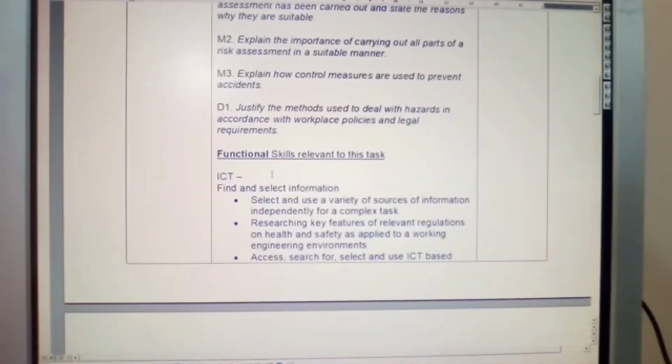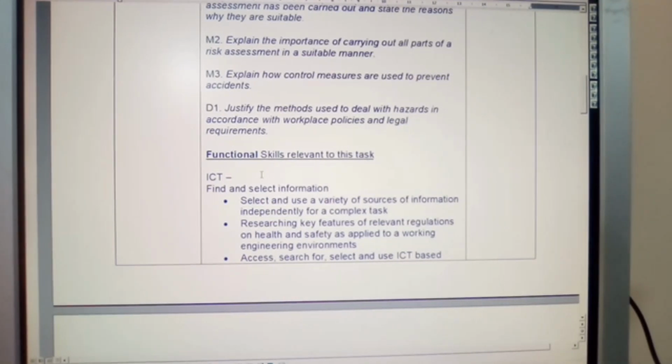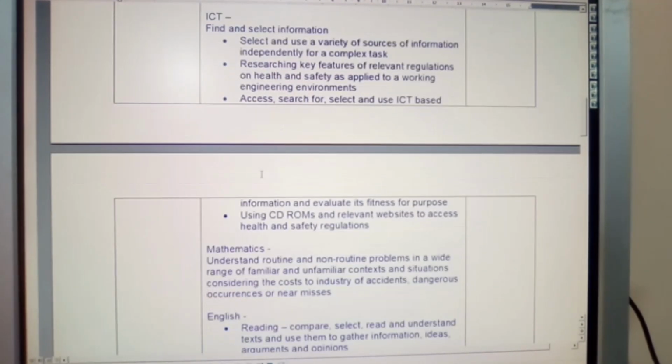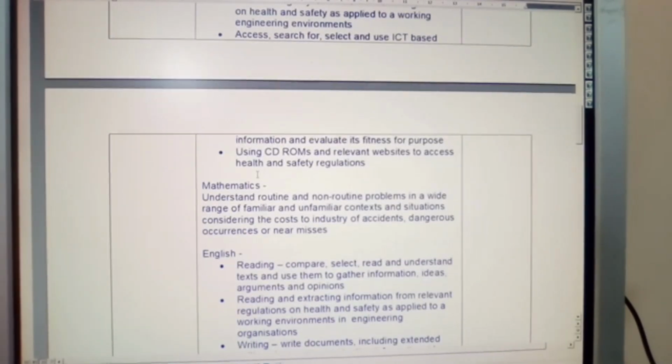And here we have your functional skills which will be relevant: the use of IT, information evaluation and support, mathematics.